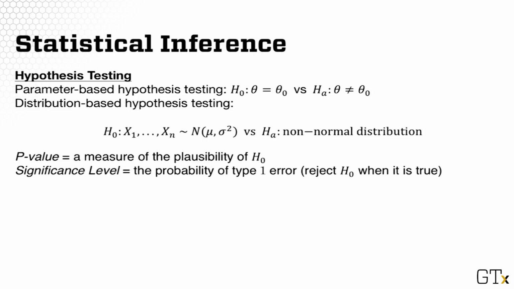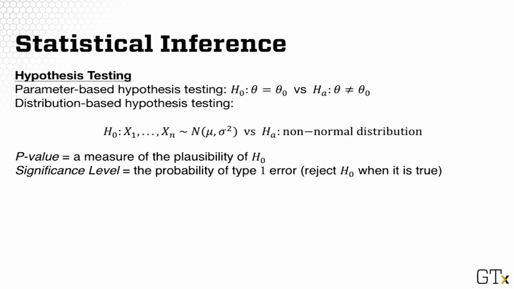One of the most important aspects in statistical analysis is statistical inference, for example, hypothesis testing. An example of a hypothesis test is when we're interested in making an inference on a particular parameter theta. Here, for example, we may want to test the null hypothesis that theta is equal to theta 0 versus the alternative that theta is not equal to theta 0.